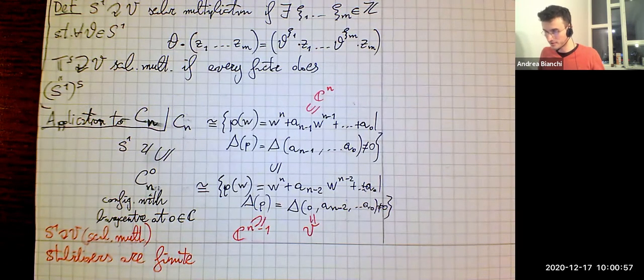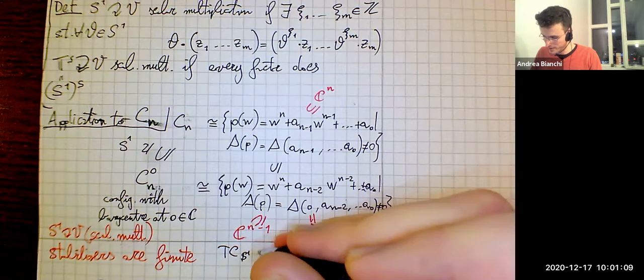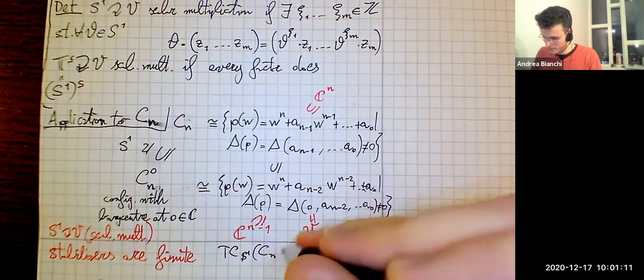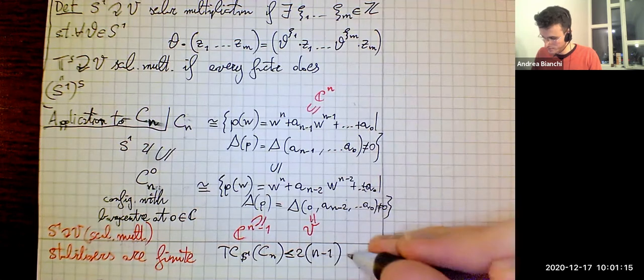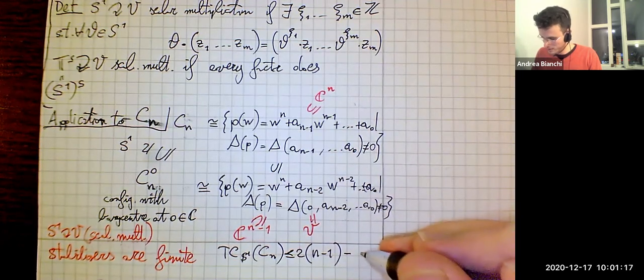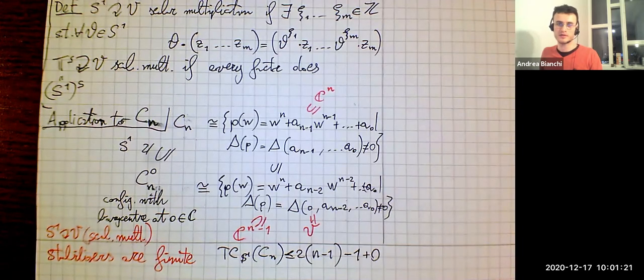And they need stabilizers to be trivial and not just finite. So then we apply the theorem, and we get that the S1 equivariant topological complexity of Cn is at most 2 times (n minus 1) minus 1 plus 0. And this is exactly theorem A in the unordered case.